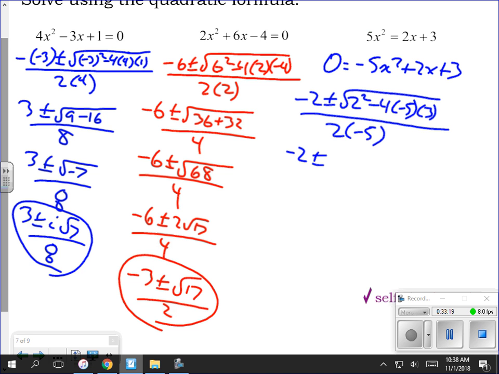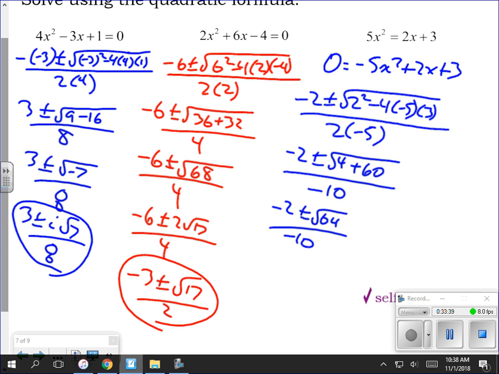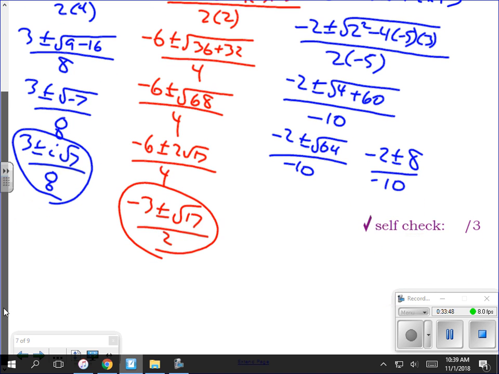So I get negative 2 plus or minus the square root of 4 plus 4 times 5 is 20, 20 times 3 is 60, all over negative 10. So I get negative 2 plus or minus the square root of 64 over negative 10, which is negative 2 plus or minus 8 over negative 10. Square root of 64 is 8. So I have negative 2 plus 8, which is 6 over negative 10, which gives me negative 3/5.